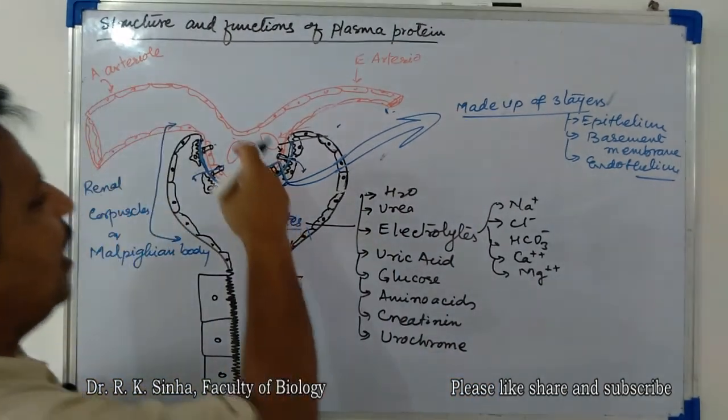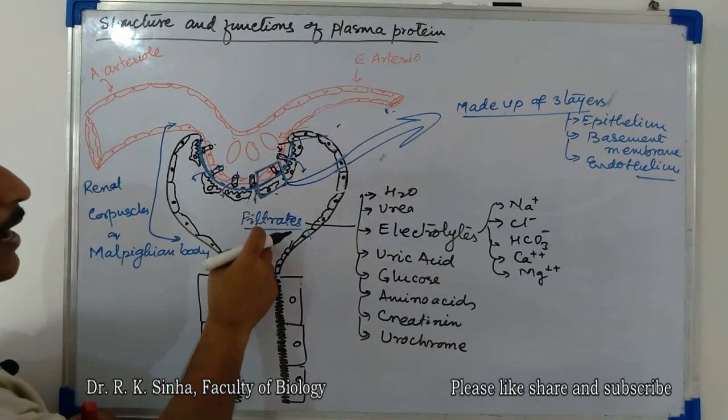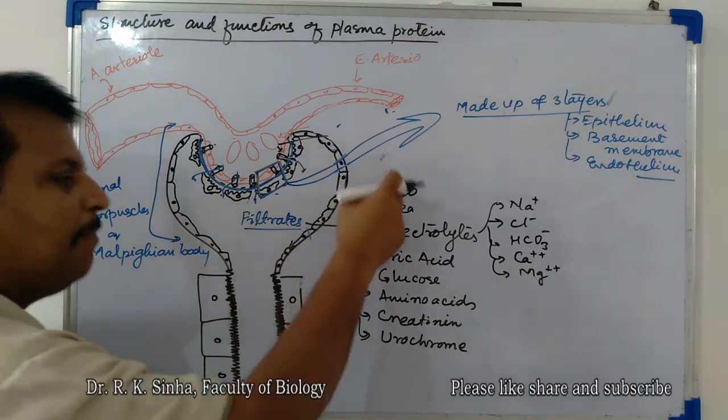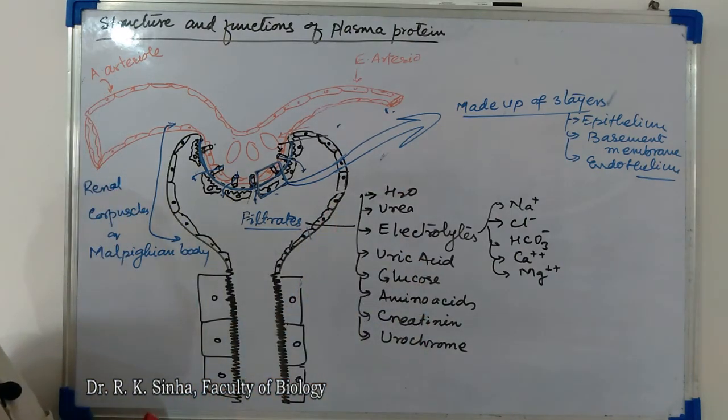These can pass through these slits and can be accumulated in this Bowman's capsule. So these are the parts of filtrates.